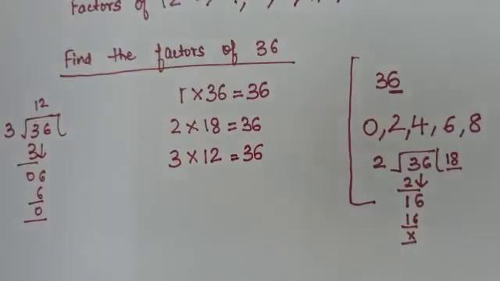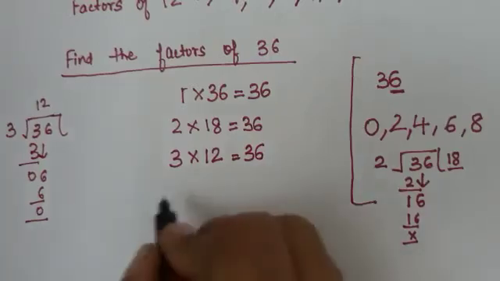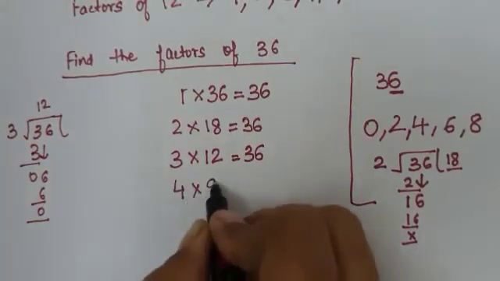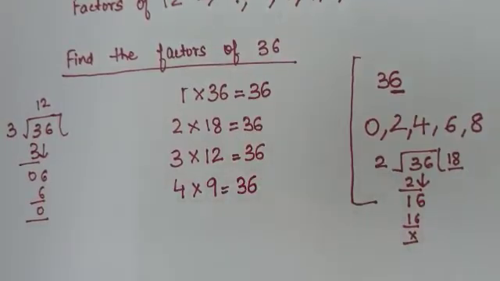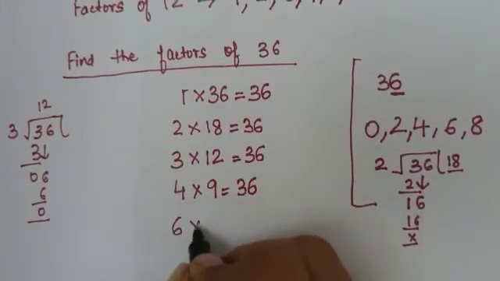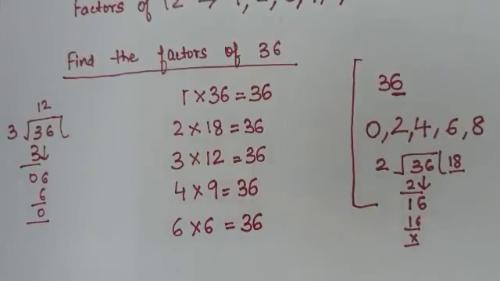Now next table 4. 4 9s are 36. Then 5, no, 36 does not come in the table of 5. Then 6, yes, 6 into 6 gives you 36.